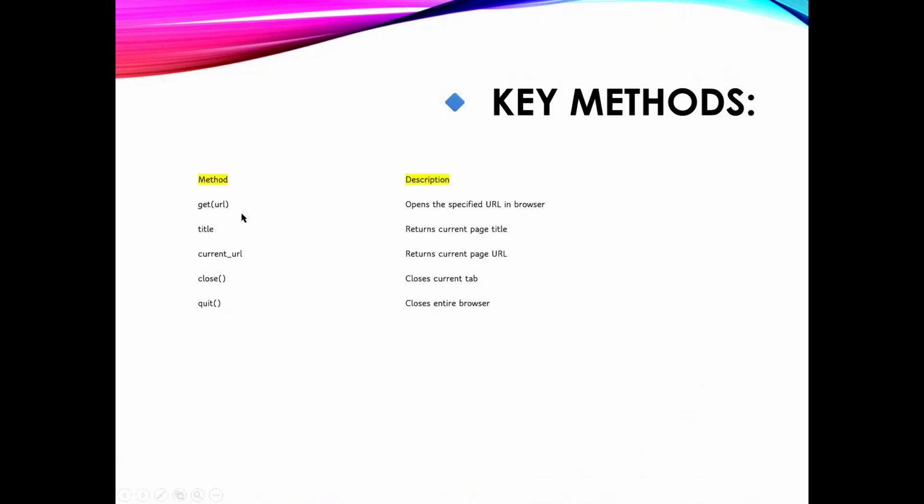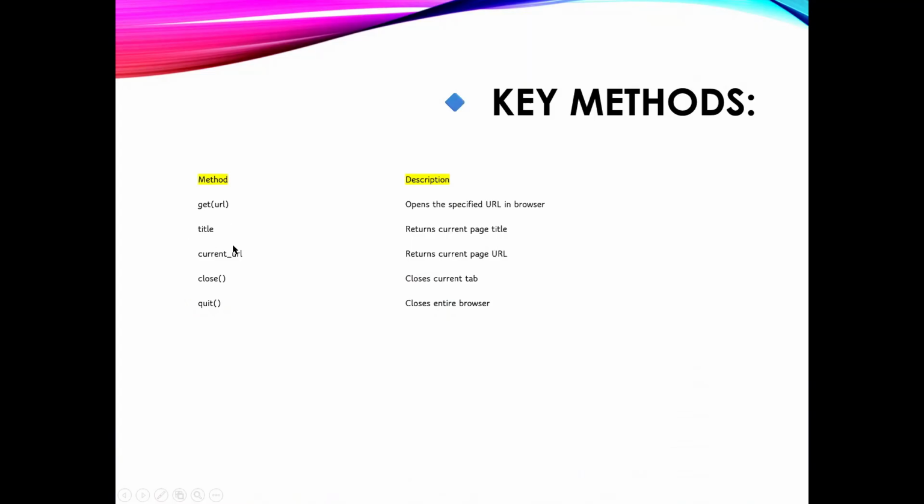And what are the key methods in Selenium Python? We have get URL, which opens the specified URL in the browser, whatever URL you have provided, so it is going to navigate in the browser. If you want to get the title of the page, title is going to return the current page title.